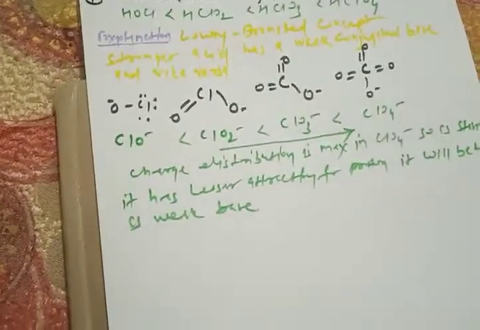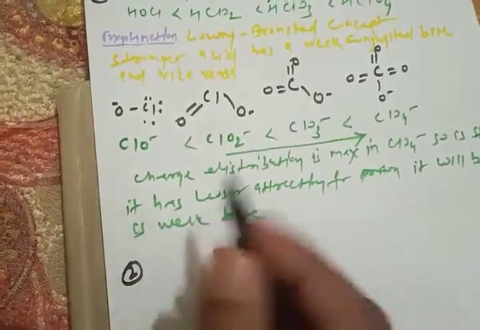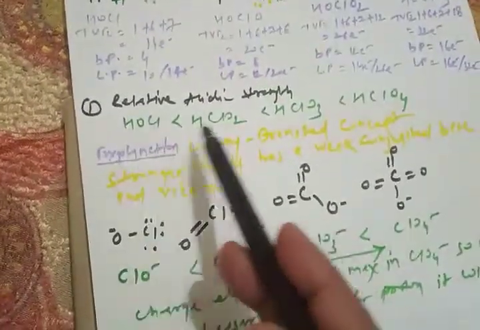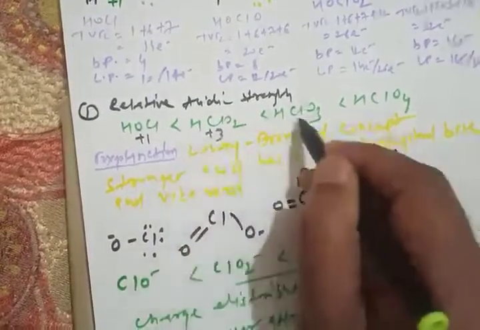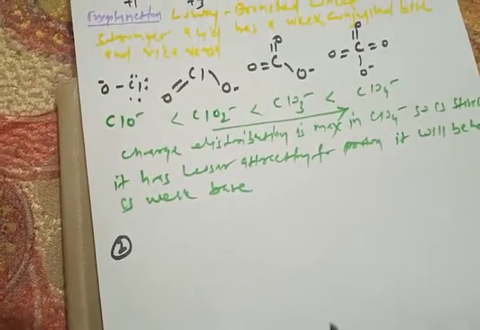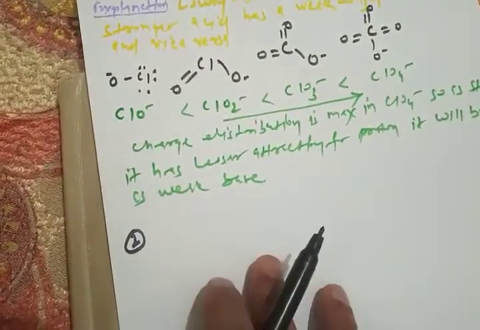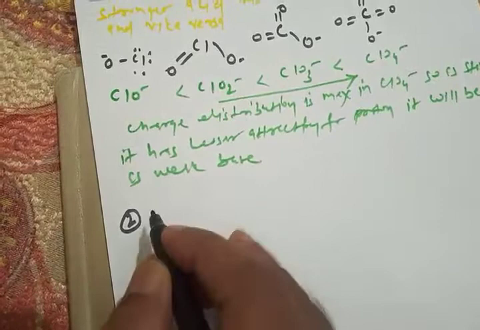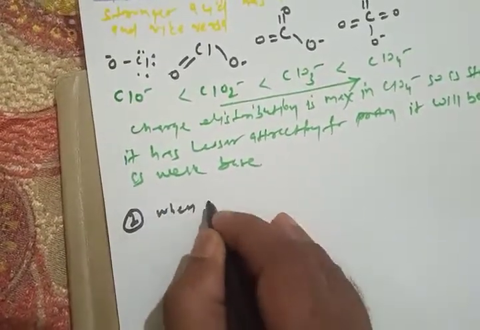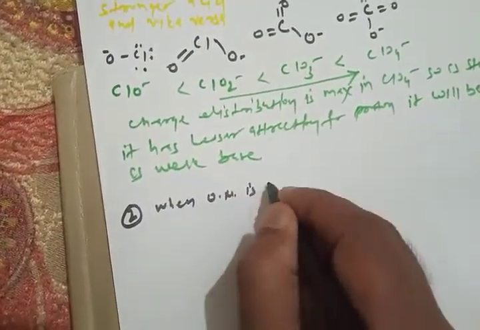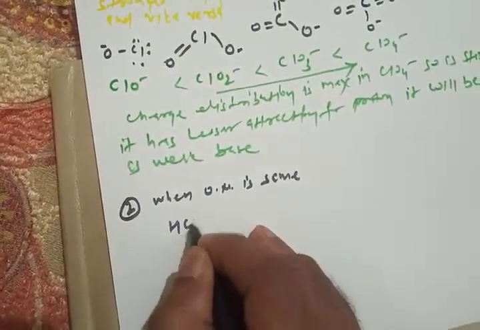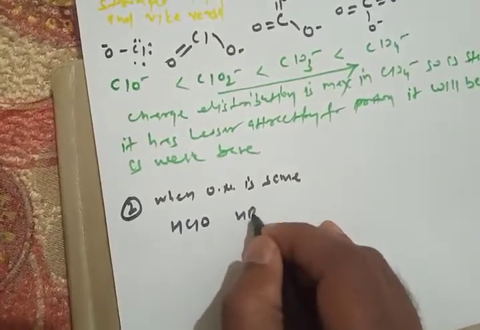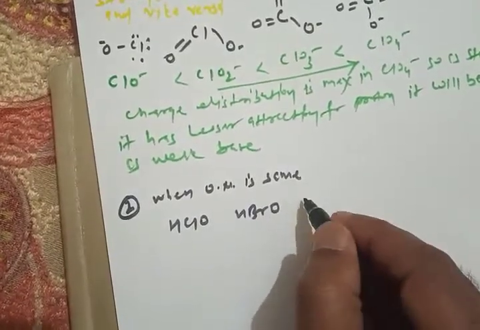Then the second, here based on the different oxidation states, the oxidation state is different in every case: +1, then +3, then +5, and then +7. But if the oxidation state is the same, what will happen in that case? So the second is when the oxidation number is the same. For example, we have HClO, HBrO, and HIO.